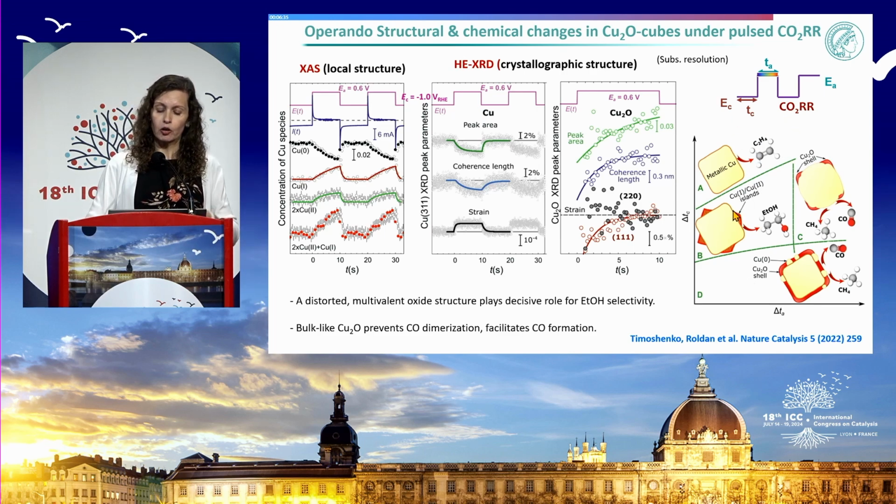If we have copper and copper 1 species and copper 2 species, highly disordered, combined to each other, we enhance this formation of ethanol. And if you start making a very thick copper oxide that you can make by applying these long anodic pulses going to the right applied potential, then we don't get ethylene anymore. We start making CO and methane. So having a copper oxide or a bulk copper oxide is not good for this reaction.